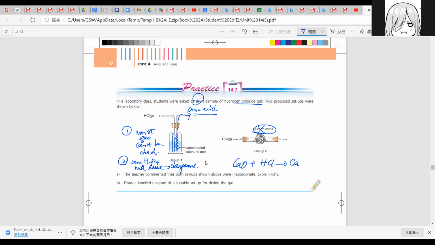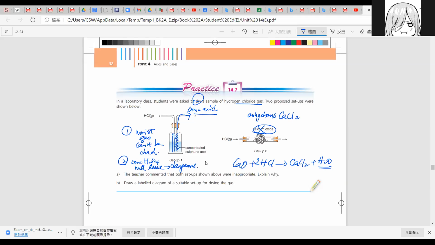Calcium chloride. Yep, and water. Yep, water, good. So what should be replaced? Calcium oxide should be replaced with anhydrous calcium chloride. Yep, better choice, because it doesn't react with the HCl gas.